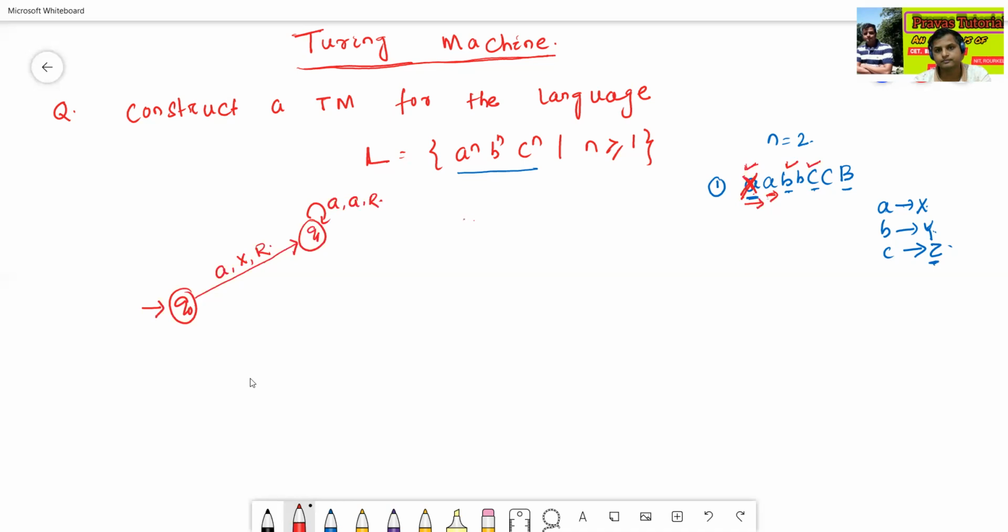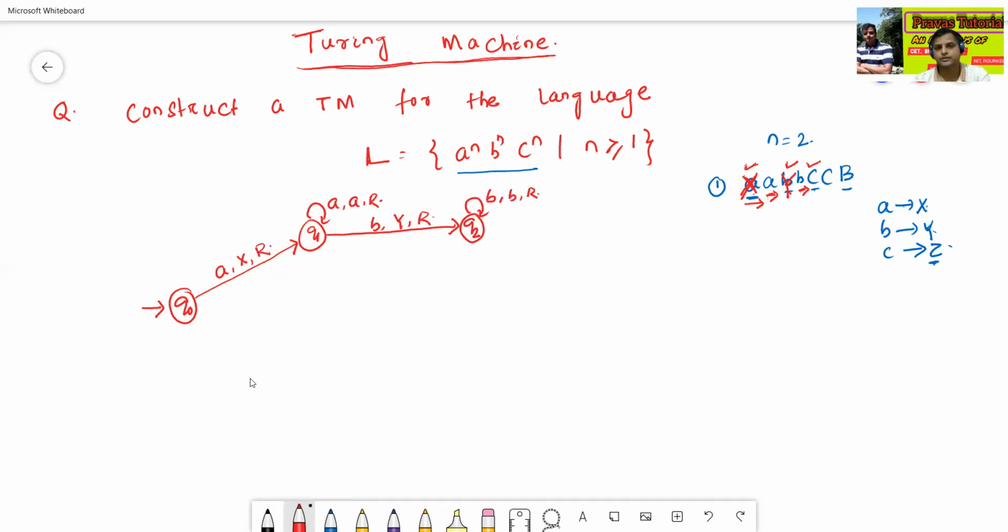Then Q2 reads the second B and skips it: read B, write B, and move towards right.